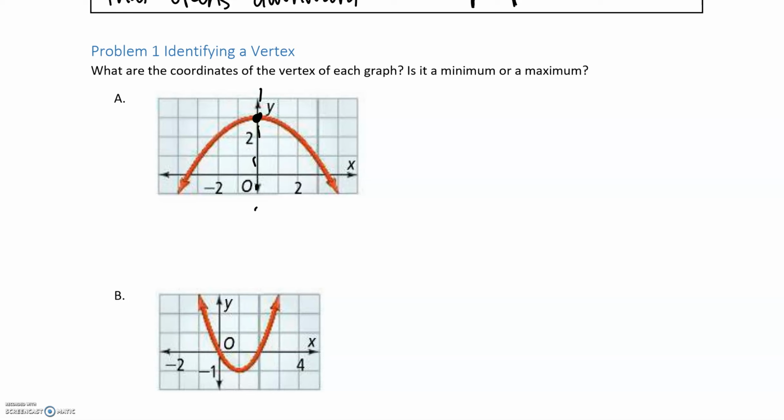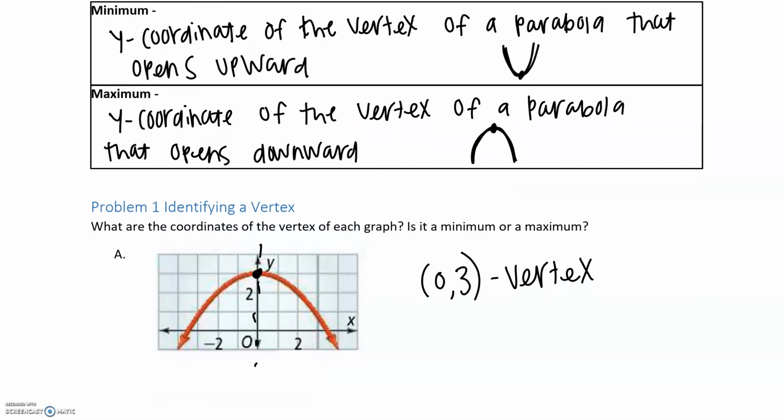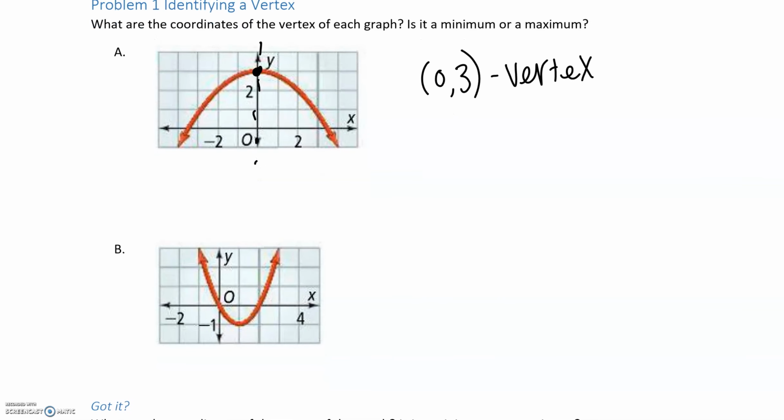Our highest point, if our x coordinate is 0, our y coordinate is going to be 3. So that's going to be our vertex. And since it's the top of the mountain, that means that's going to be our maximum.